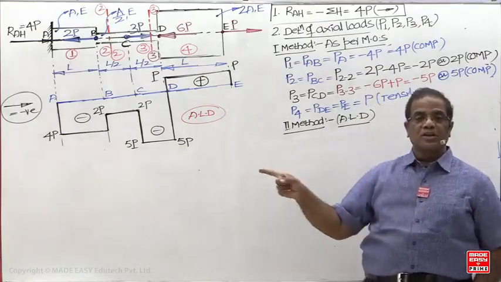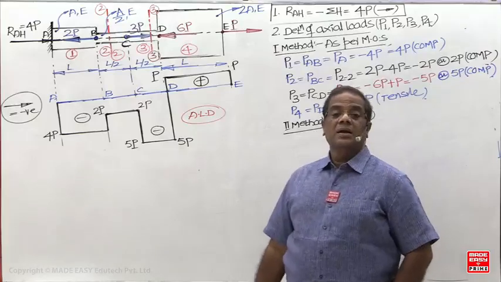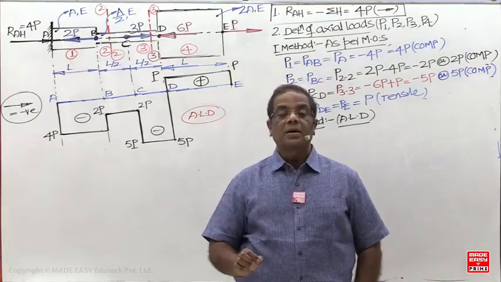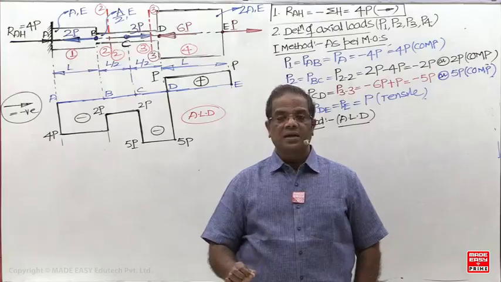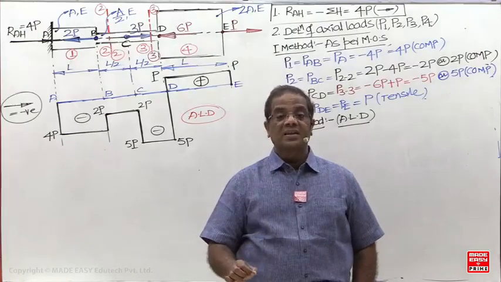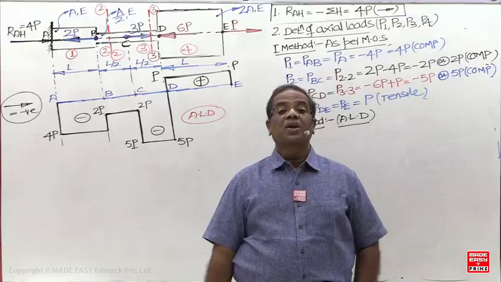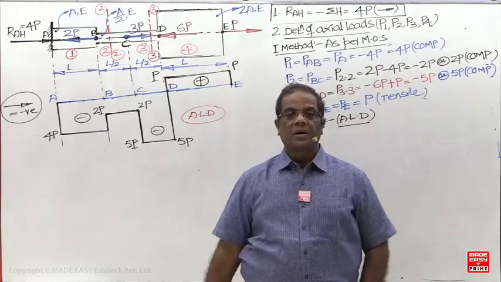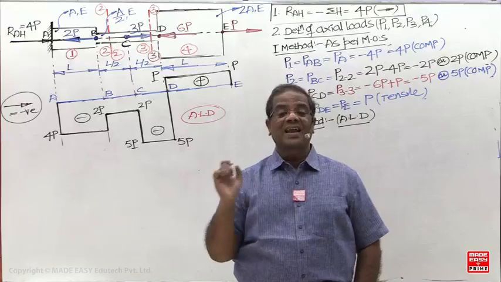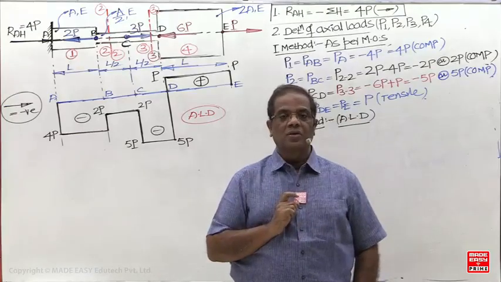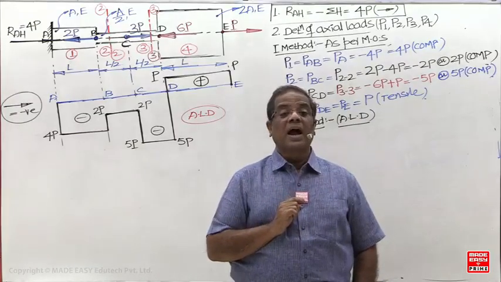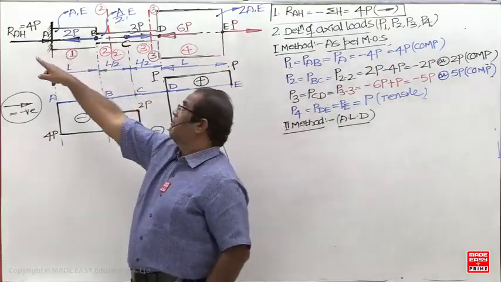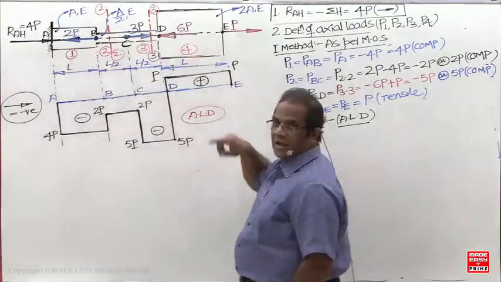And next I am going to introduce the new one. Second cross checking is what now? Number of vertical lines in ALD are equal to number of axial loads acting on the bar. On this bar, how many axial loads are acting now? 1, 2, 3, 4, 5.